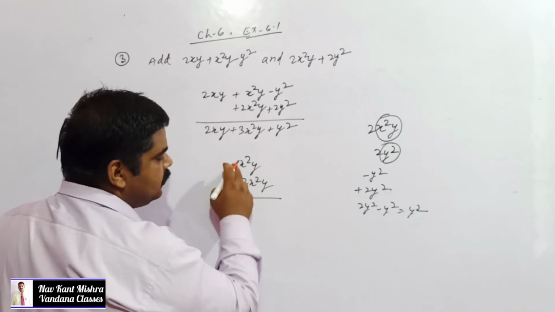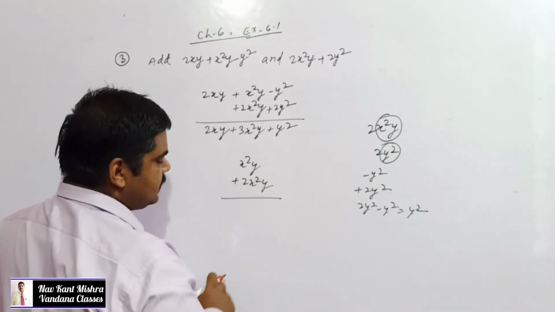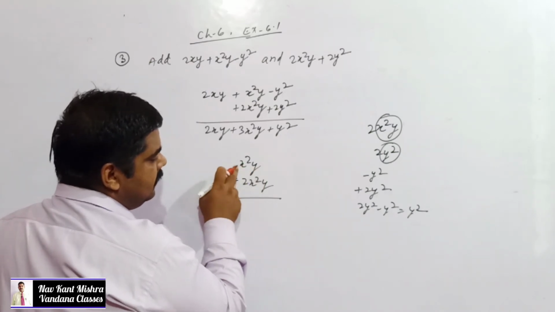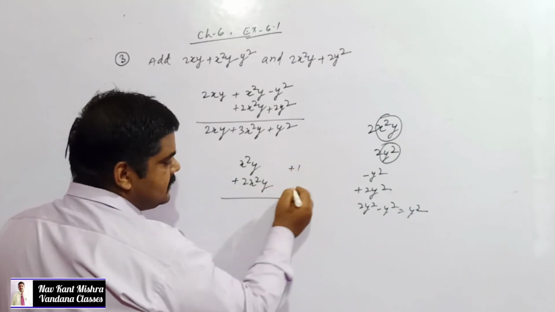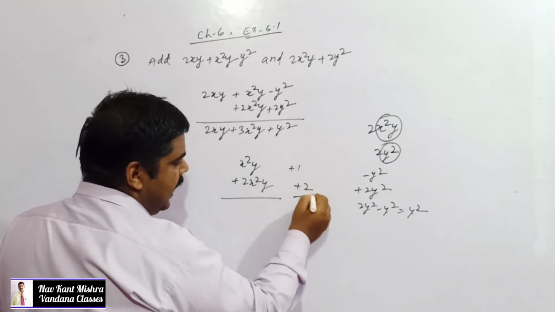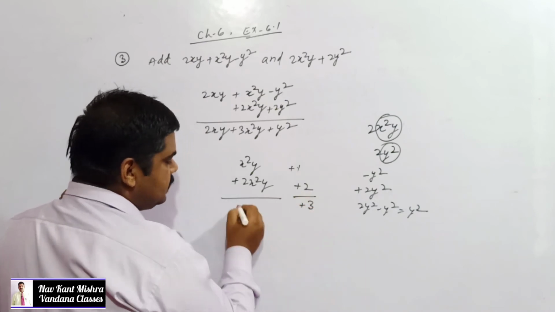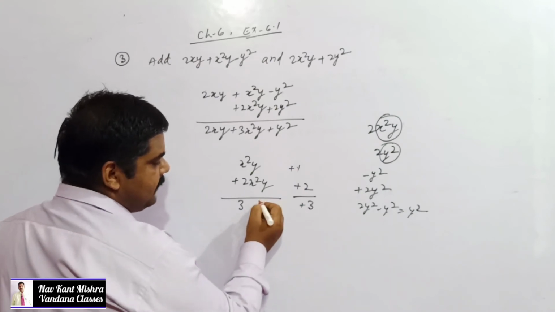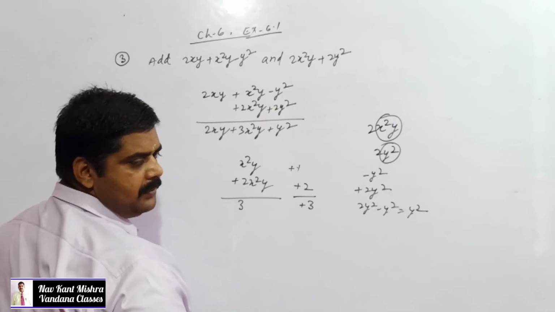At first you do the addition of the numerical coefficients. In this term it is plus 1, and in this term it is plus 2, and plus 1 plus 2 is equal to plus 3. So you write down 3 here.